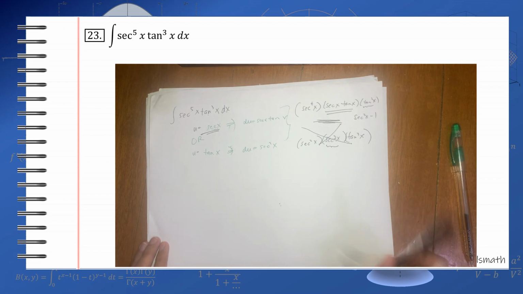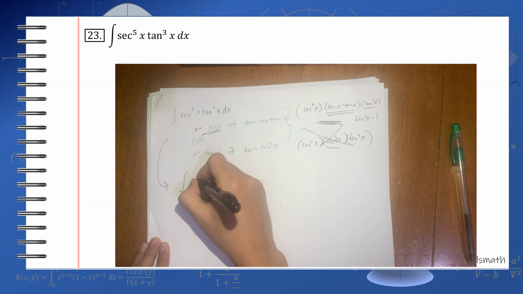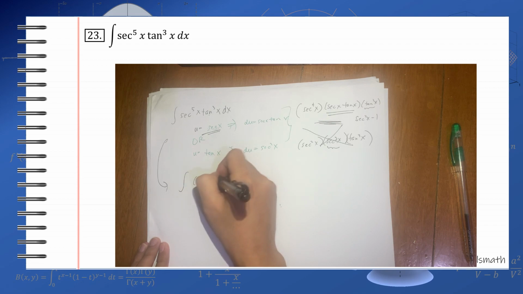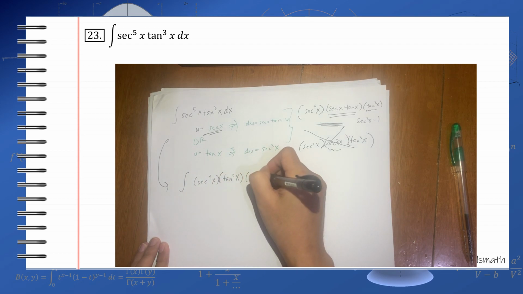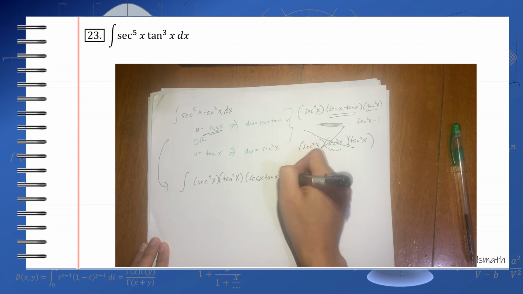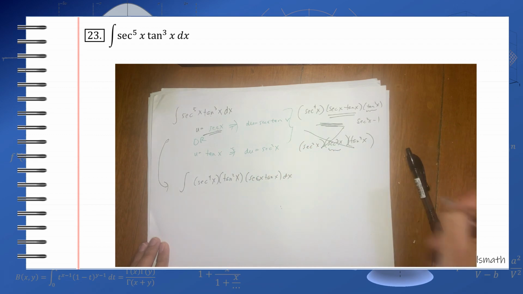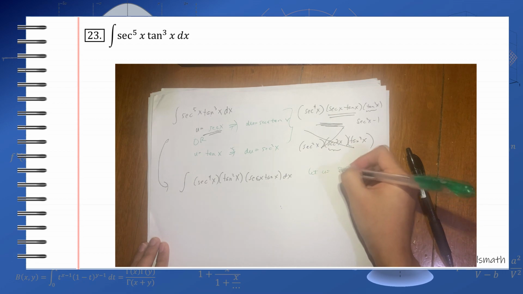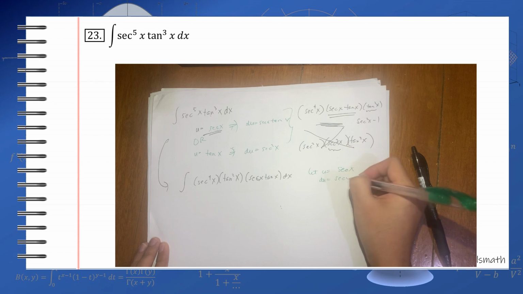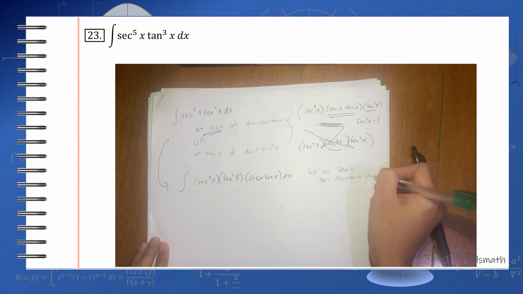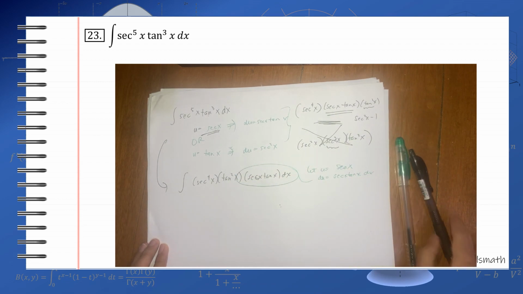So this becomes the integral of secant to the fourth x tangent squared x times secant x tangent x dx, and then let u is equal to secant x, du is equal to secant x tan x dx, which is this expression here.